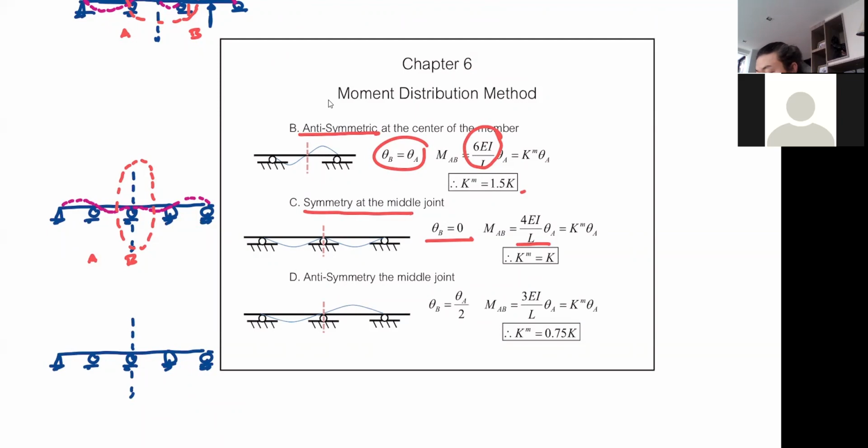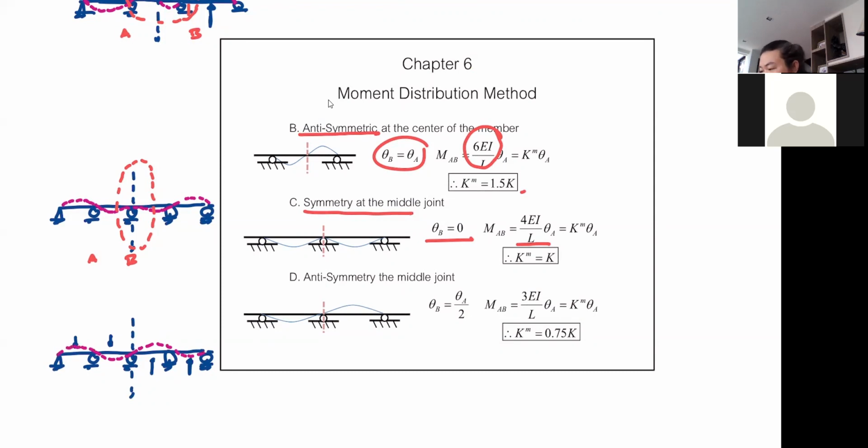Okay, now the last one is of course anti-symmetry, where let's imagine you have something perhaps like this. Your beam is going to be like this perhaps. This is pretty difficult to draw.